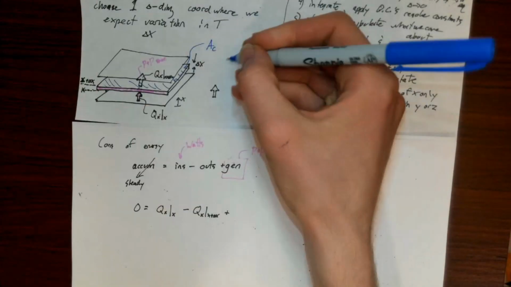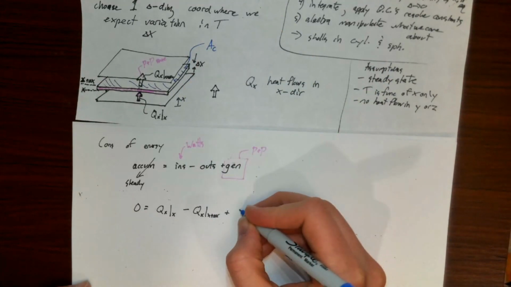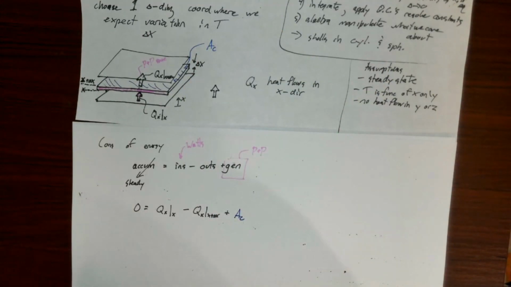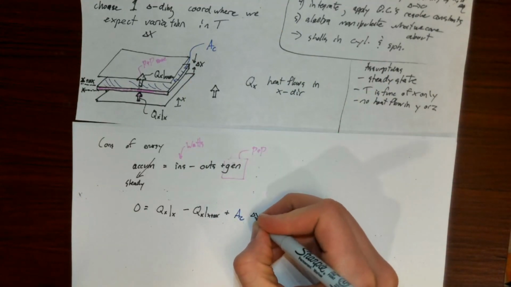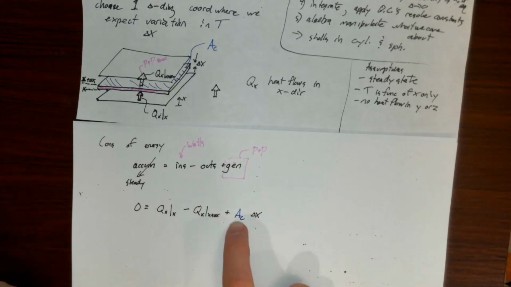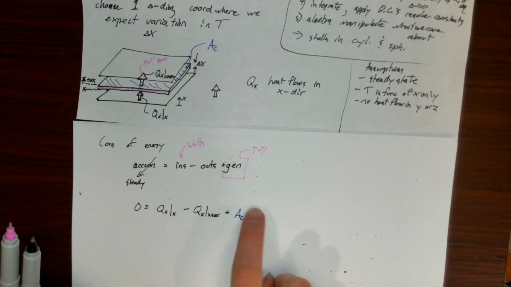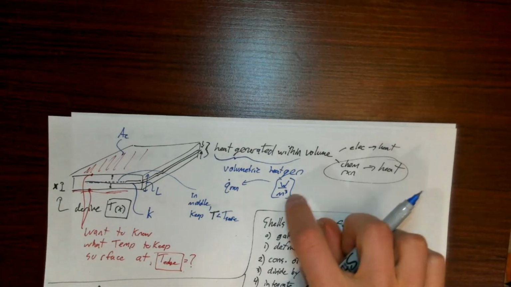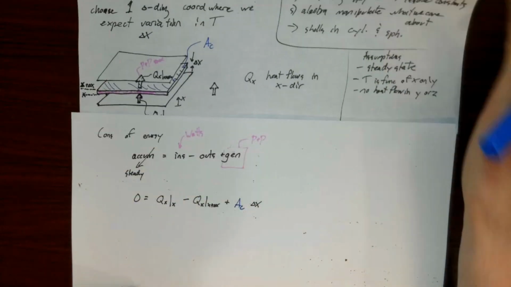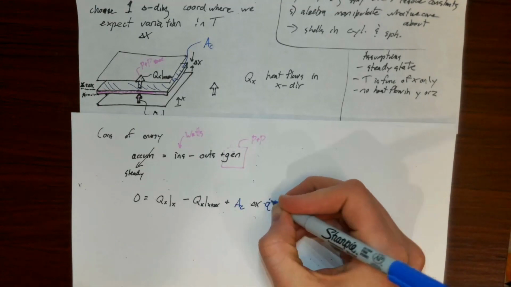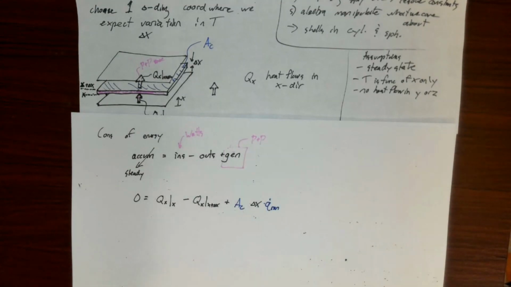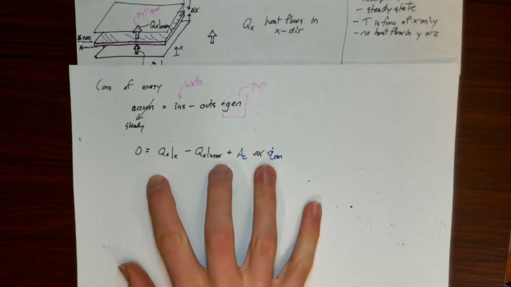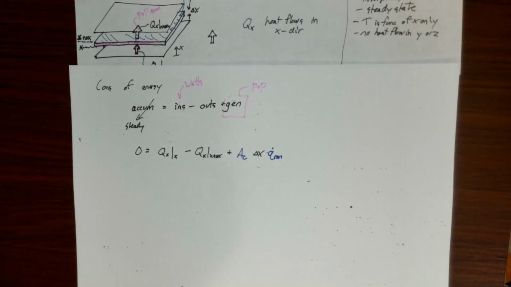The volume of the shell is the cross-sectional area times the thickness, so it's Ac times delta x. If I multiply the volume of my shell times this volumetric heat generation, I get something with units of watts. So I'll call it my Q dot reaction right here. So here's what I have.